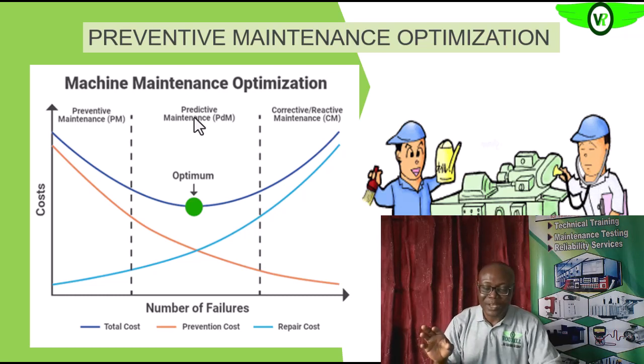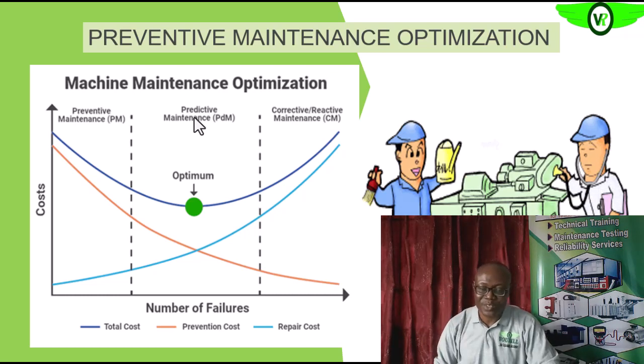But like we said earlier, there's a limit, because of the cost that will be involved. So we want to get the right mix of all of these three maintenance programs: the preventive, predictive, and corrective maintenance program, in a well-optimized maintenance strategy.